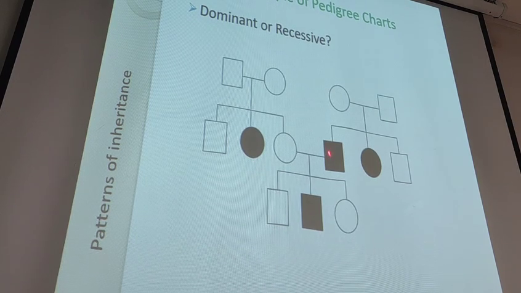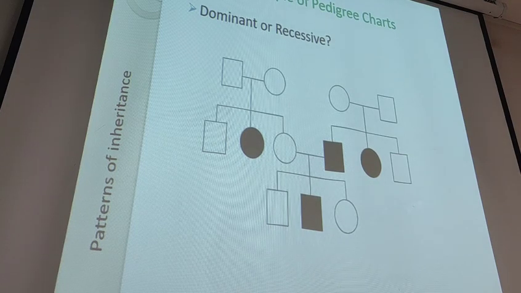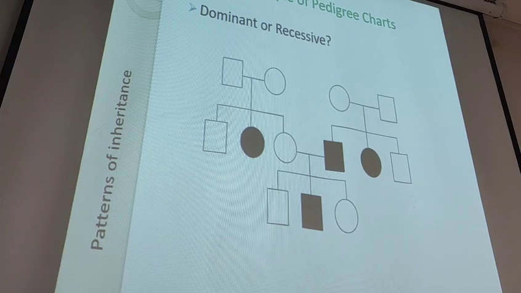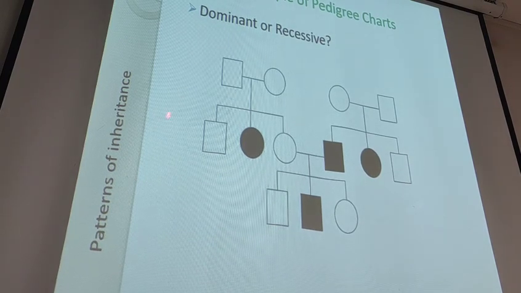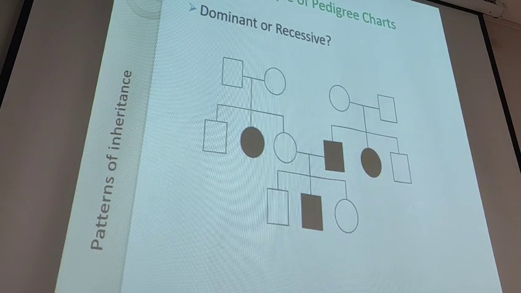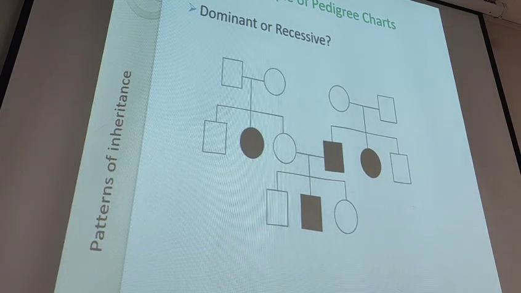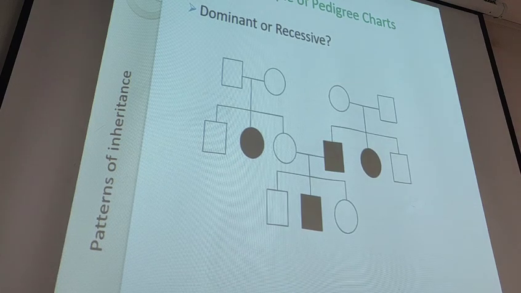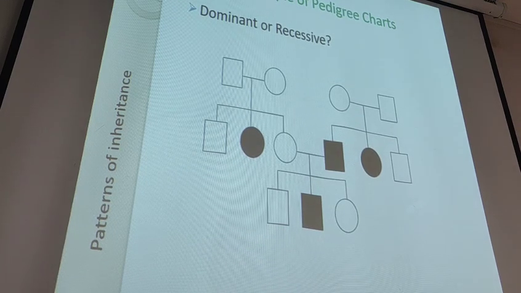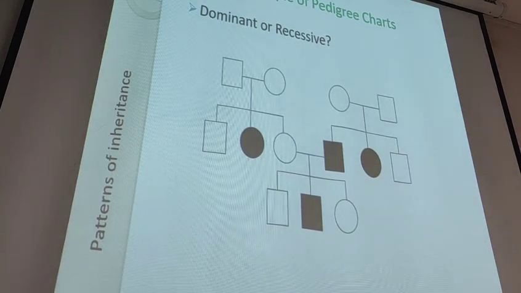Maybe if we have the same disease in another family, the pattern of inheritance in that family is autosomal dominant. But in this family, for all parts, the pattern of inheritance is the same. We cannot separate this part from that part. All of them are autosomal recessive.